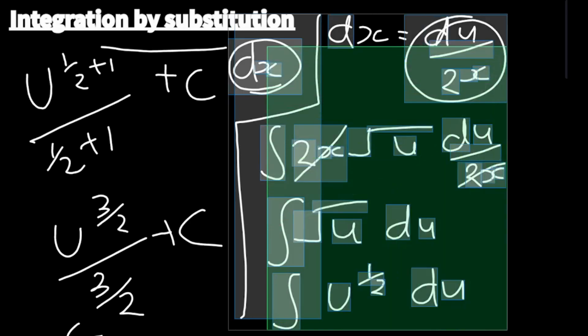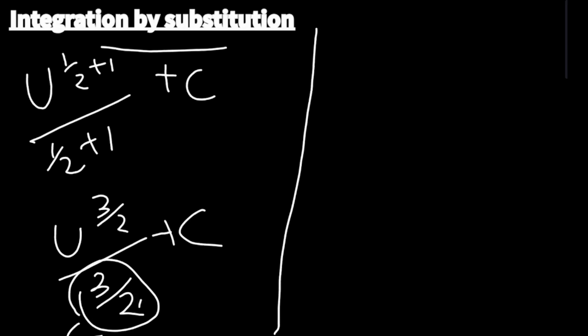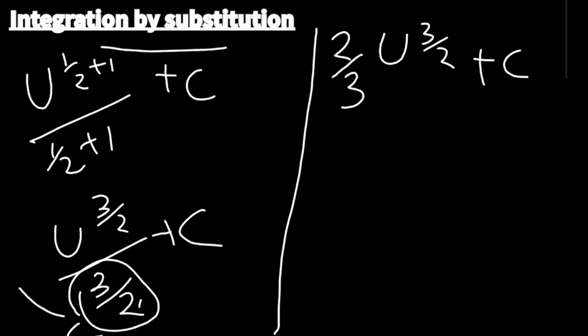We can erase this out. So that will be u raised to 3 over 2 divided by 3 over 2. So when you take u to the 3 over 2 divided by 3 over 2, that is the same as 2 over 3 times u to the 3 over 2 plus c.